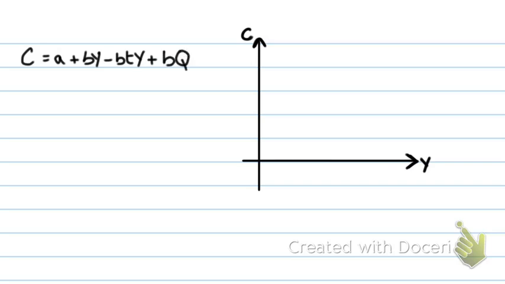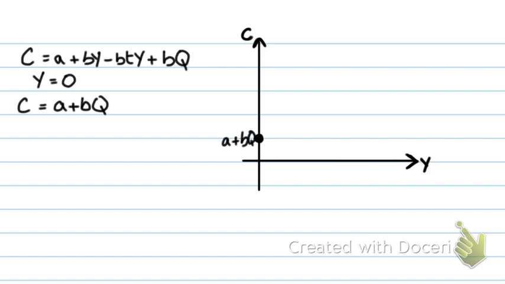Now, when Y equals 0, C equals A plus BQ. So you get your y-intercept, and let's say this will be somewhere over here. So I get the y-intercept, this is A plus BQ.